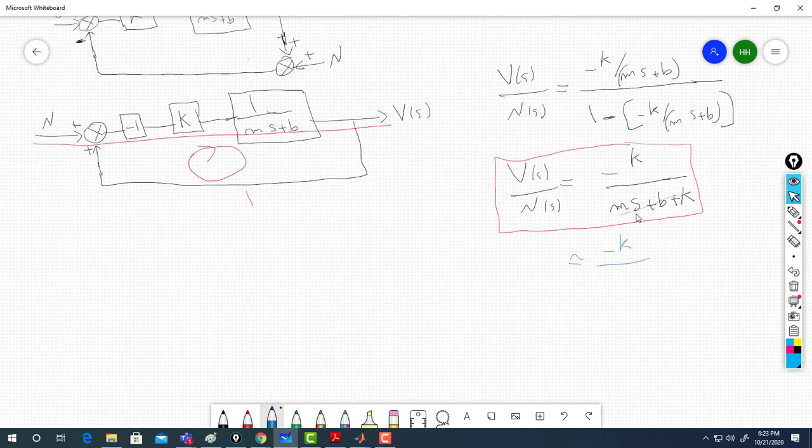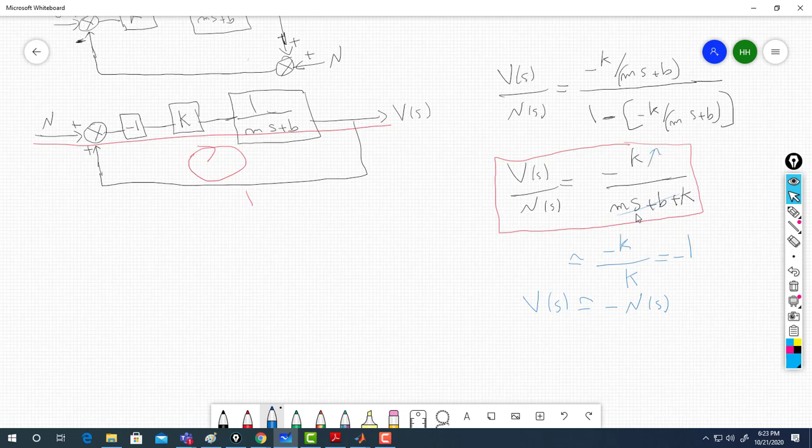the other part will be neglected in front of k. Right? ms plus b will be neglected as k is very high, and this will be minus 1. So then v of s will be approximately equal to minus n of s. Agree?